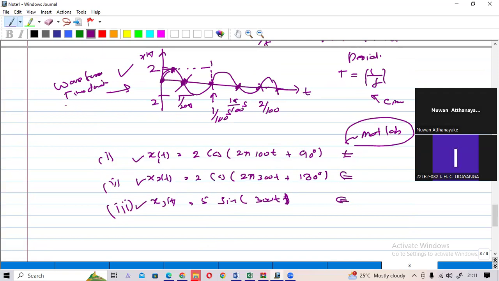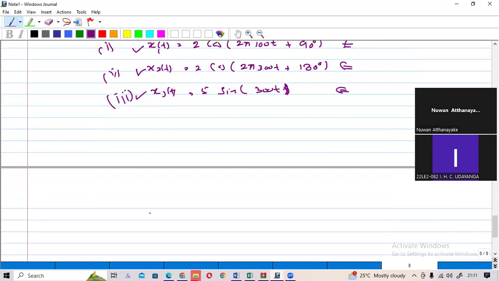If you send this signal to an oscilloscope, the oscilloscope will show exactly this signal.